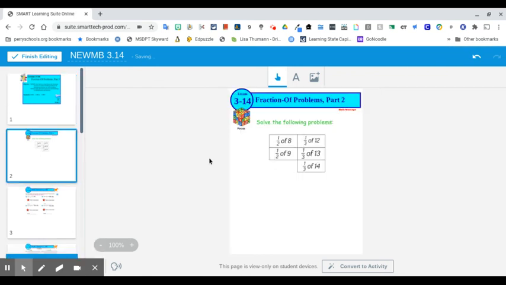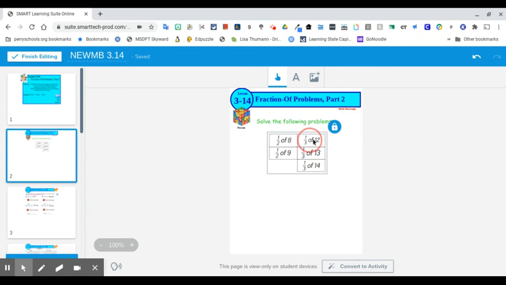So we have this warm-up here, and it says to solve the following problem. We have 5 different problems available for us. I want to start by just looking at this first one, 1/2 of 8. Well, we know 1/2 of 8 is 4. That's one you should be able to do in your head.